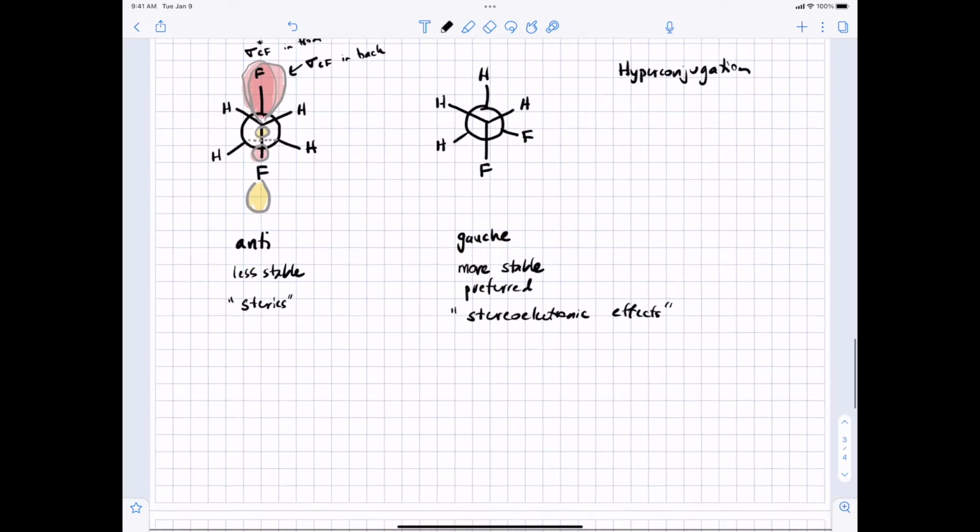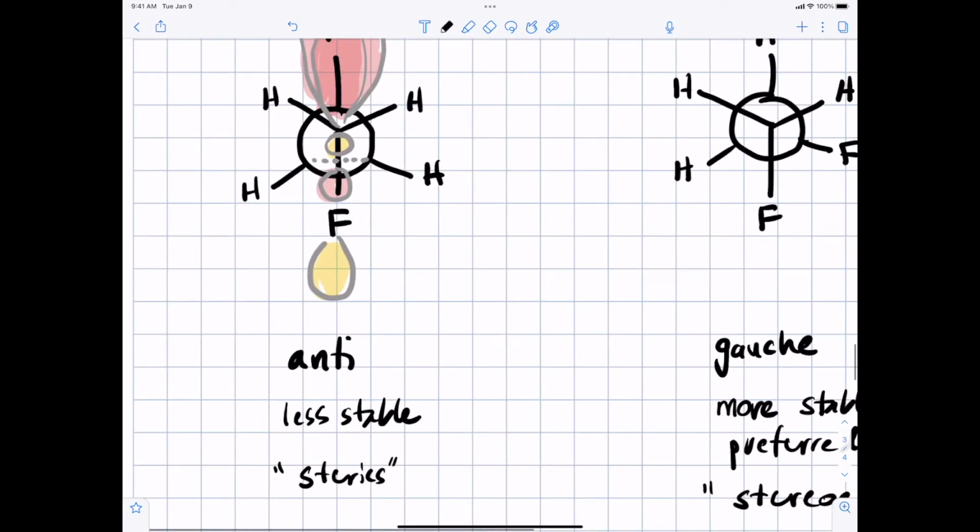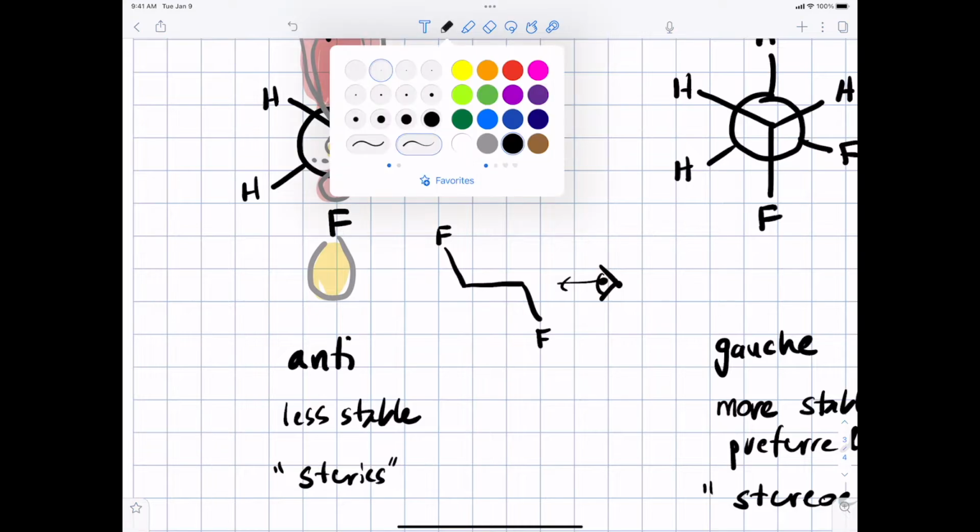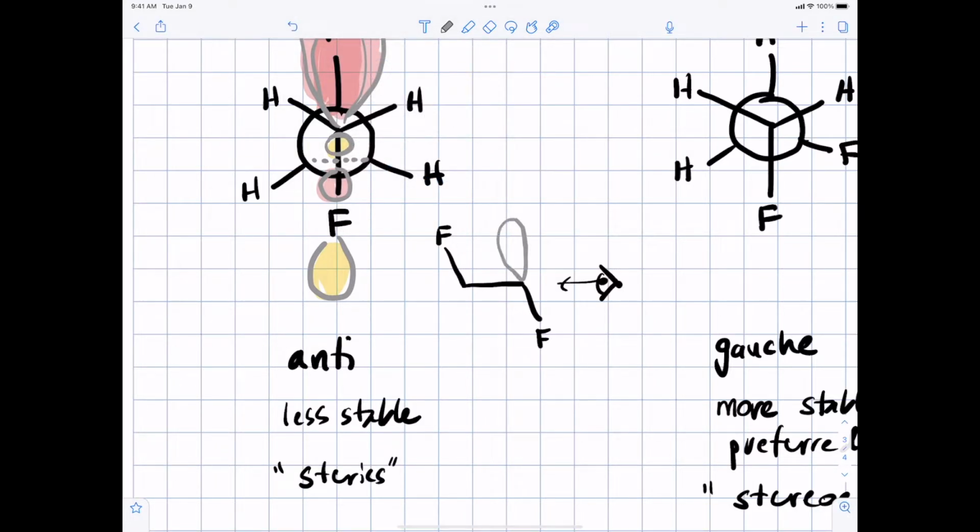Carbon fluorine sigma bond in the back. In other words, if we were to draw it this way, here is our eye looking down the carbon-carbon bond. Here is the carbon fluorine sigma star for our fluorine in the front. And here is the carbon fluorine sigma bonding orbital in the back.